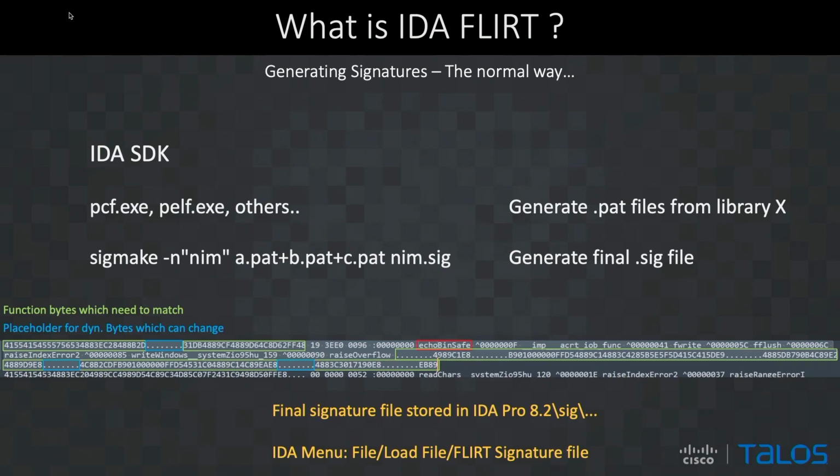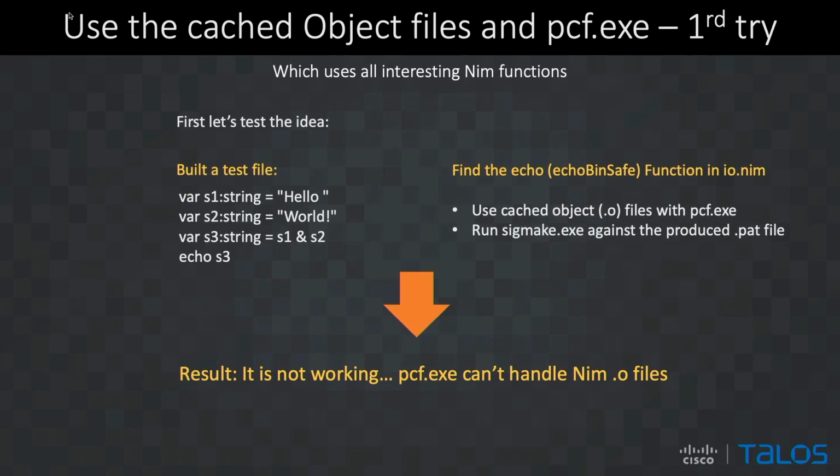Then you have the length and a certain hash, which is describing the body of the function and the calls it is using, and then you use the tail of the function to finish your signature. And this is how a signature for a certain function, like echoBinSave, that is our function, would look in the signature file. Just to give you a little bit of background about FLIRT.